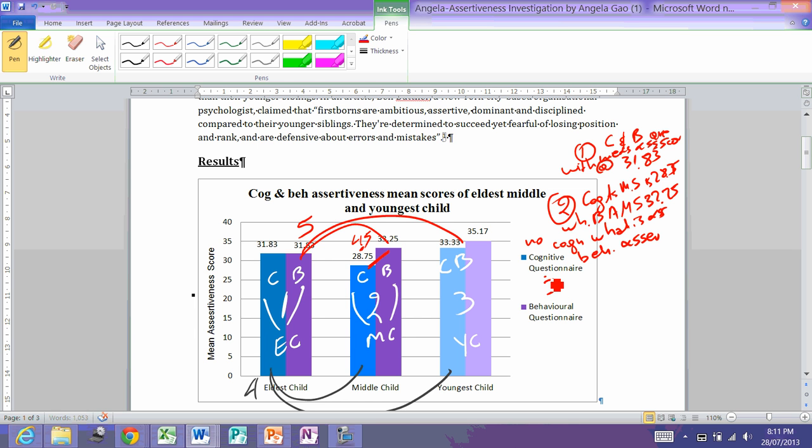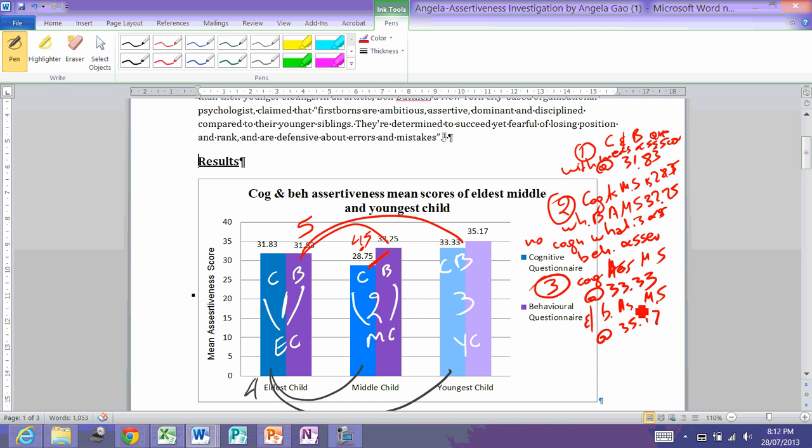In the youngest child, the same pattern observed in child 2 appears, with cognitive assertiveness mean score at 33.33 and behavior assertiveness mean score at 35.17.